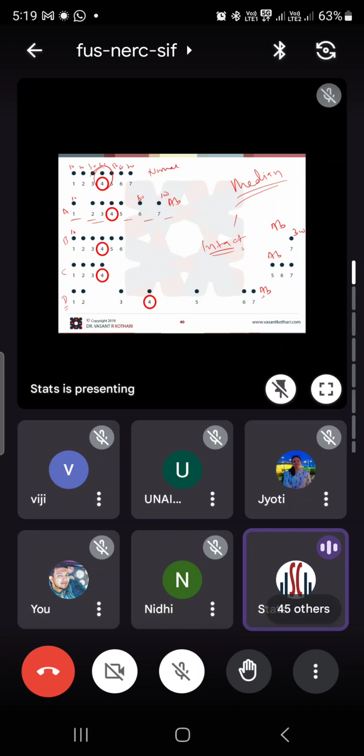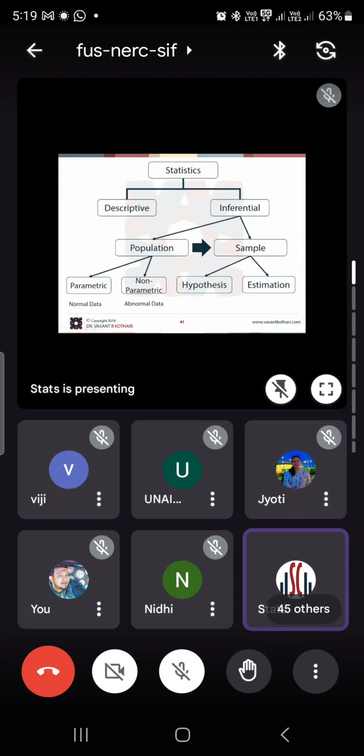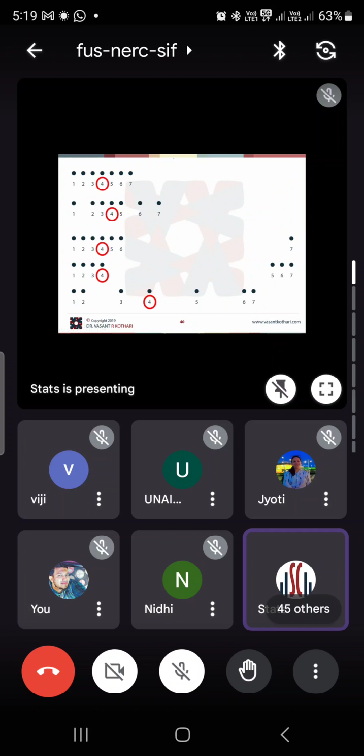Now you can understand that for every parametric test, there is a mirror or counter non-parametric test. Because I don't know what kind of data I am getting. That data could be normal, that data could be abnormal.